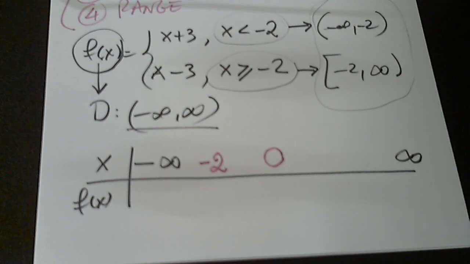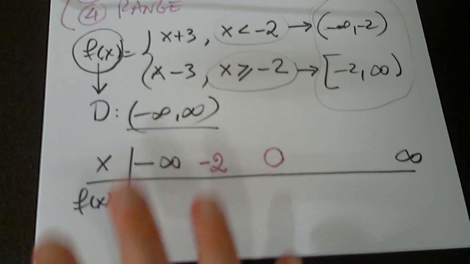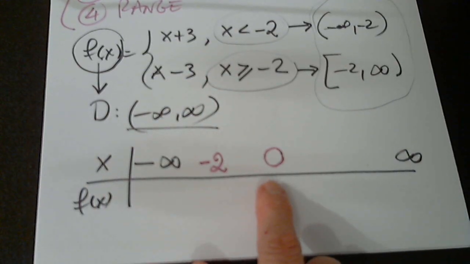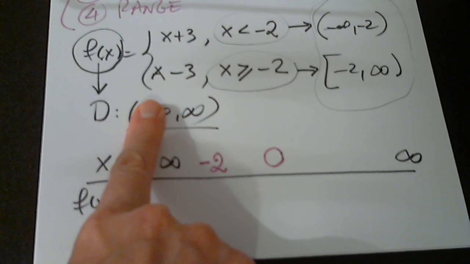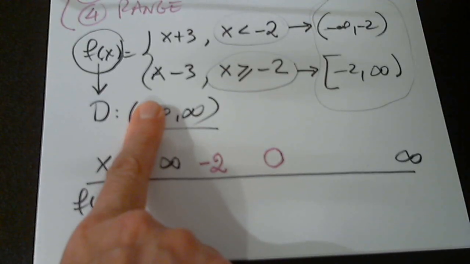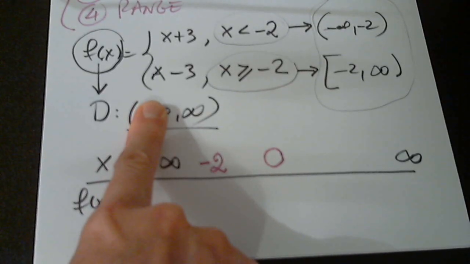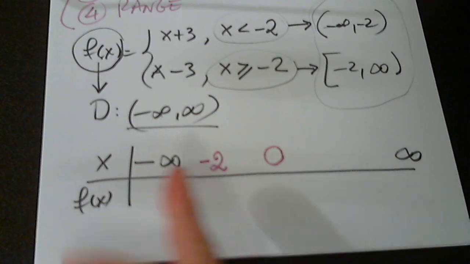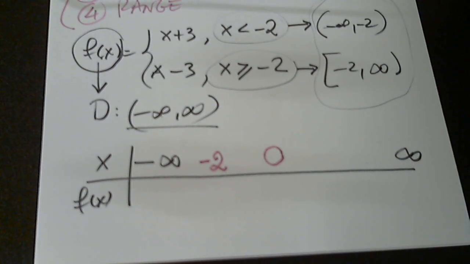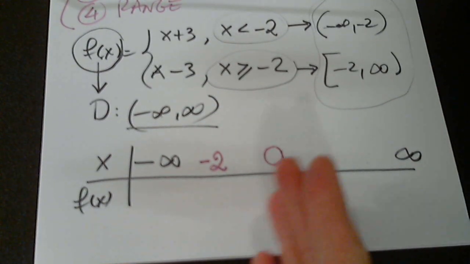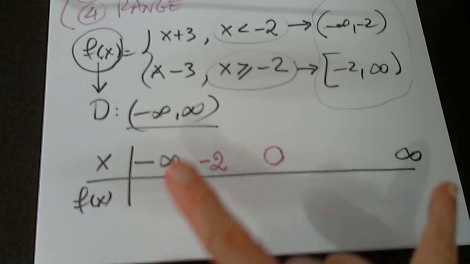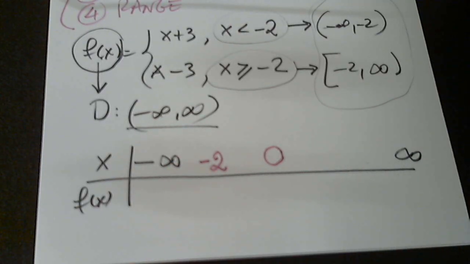So 0 is an element that has to be in the table, unless the domain does not include 0. So if the domain were 1 to infinity, there is no way I can put 0 in there, because 0 is to the left. Got it. But 0 is a crucial element in the real number set.